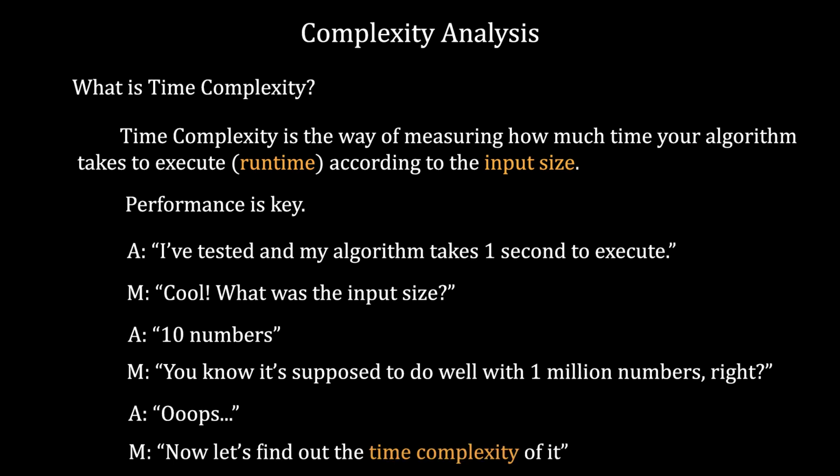Oops. Now what we should do is find the time complexity of it. So we don't express the time complexity or the performance of an algorithm in seconds because they are strictly related to the input size. The larger the input size, of course, the larger the time it takes that algorithm to execute. Okay, I think that's enough theory for now.